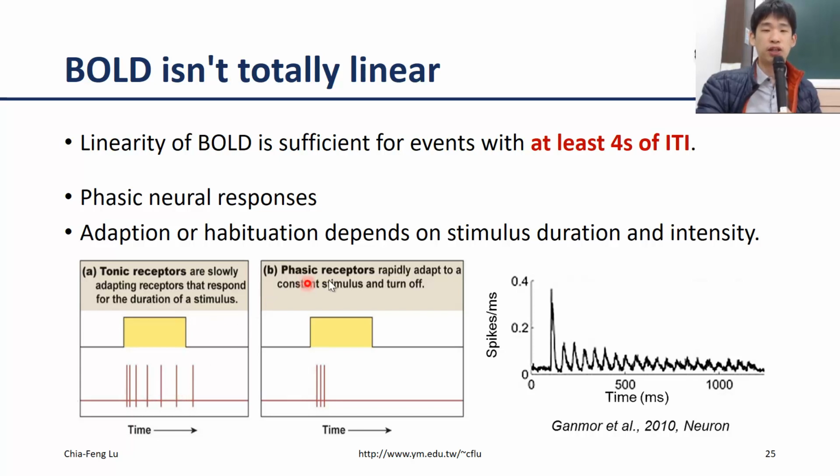But if you are dealing with fast receptors, they rapidly adapt to the continuous stimuli, and this will turn off the neural activity right here. So in this kind of receptor, you cannot anticipate any linearity, because the neural activity will very quickly turn off after the continuous stimuli.